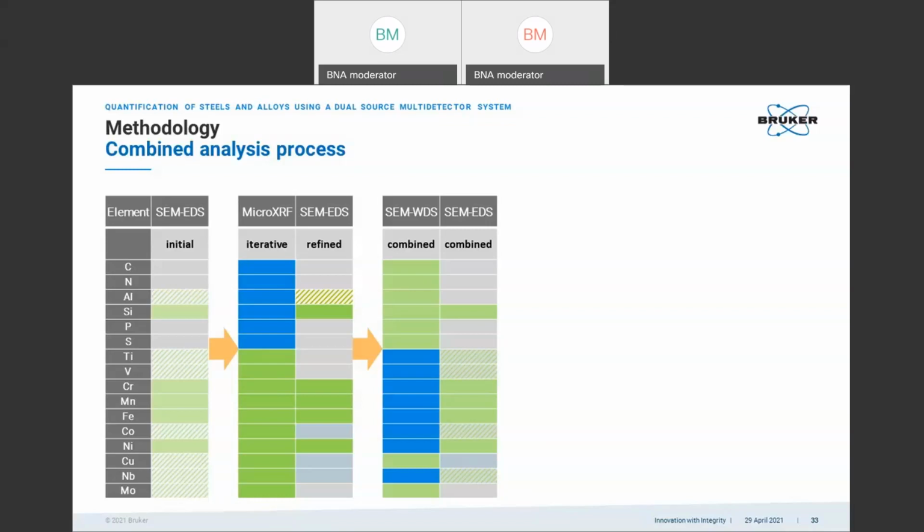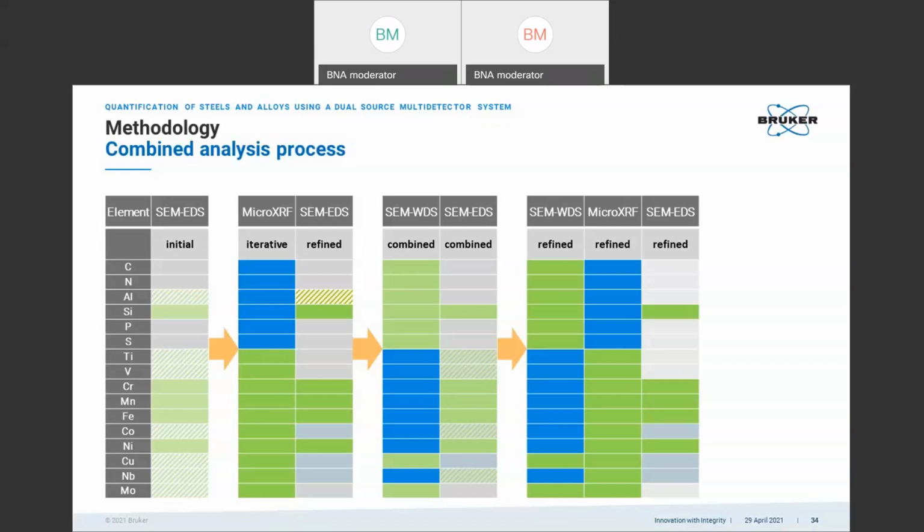These initial data will then be refined by hard coding or inserting the micro XRF data, which got the best results for the transition metals, and then the analysis was recalculated, and we get the final compositions with best values for the low Z elements by WDS, best determination for the higher Z elements by micro XRF in combination with EDS.